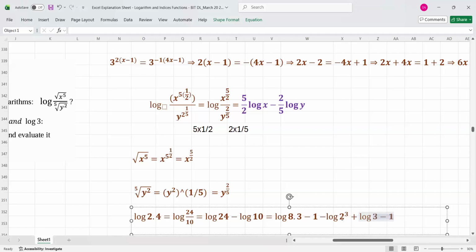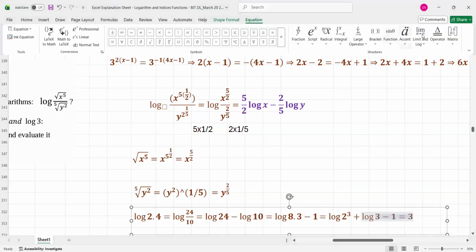Okay, so here, log 2 raised to the power 3 becomes 3 log 2. Do you see it that way? It becomes 3 log 2. So that gives you 3 log 2, and then plus log 3 minus 1.